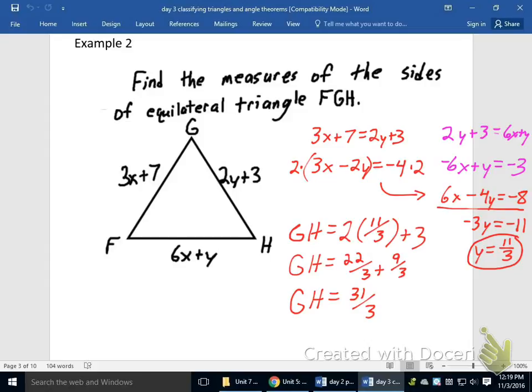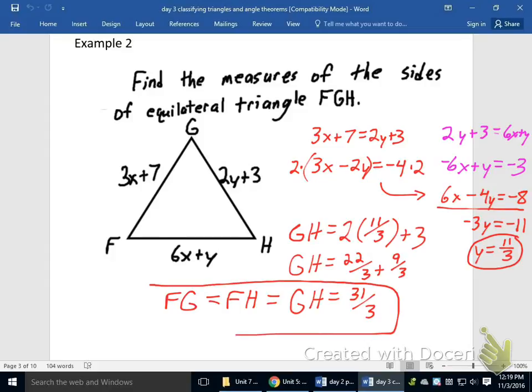Or you could say 10 and 1/3 if you'd rather have a mixed number. And that's not just the measure of GH, that's also the measure of FH, and that's also the measure of FG. And they all equal 31 thirds. Again, didn't really need to go and find x, because once I found the y, I could just plug it into this one. I plug it in, everything's there.